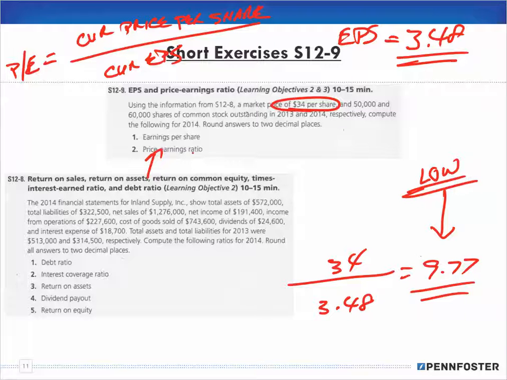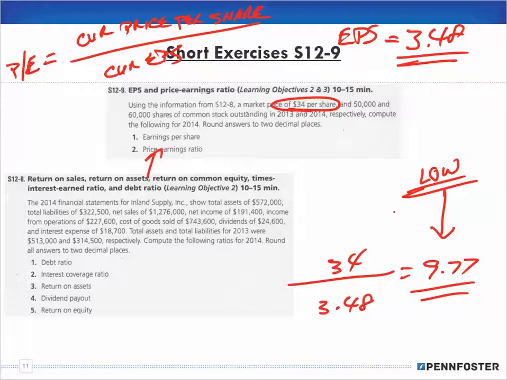They use the PE ratio just to help sift through the number of stocks that are available. If you have 15,000 stocks, how do you narrow down to those few that you want to invest in? They use the PE ratio in order to be able to do that.